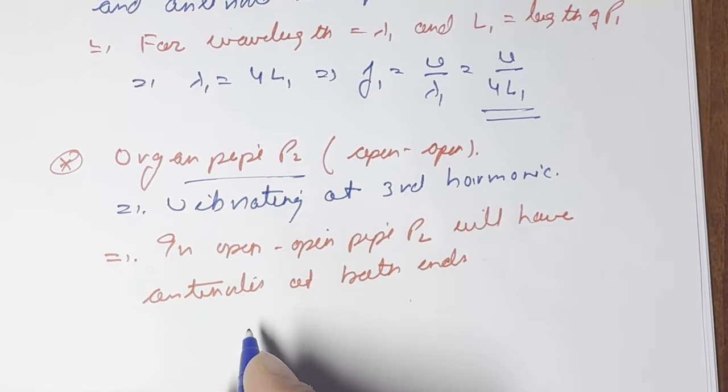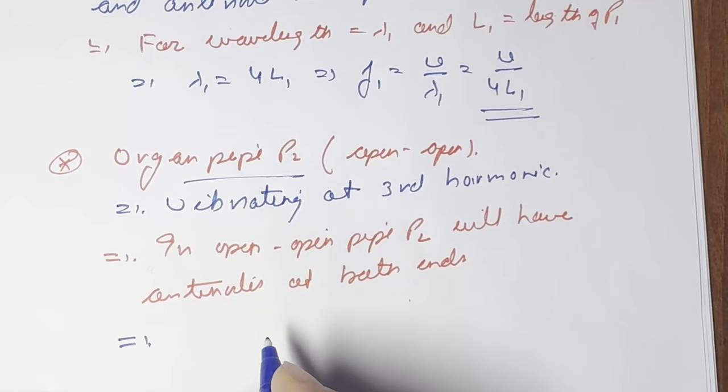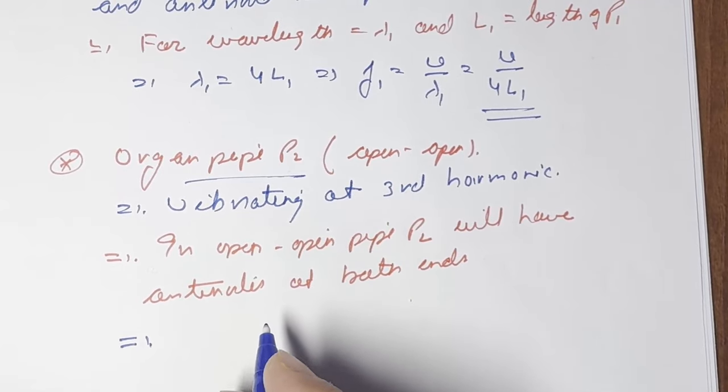So therefore we can say that the third harmonic has 3/2 wavelength within the pipe.